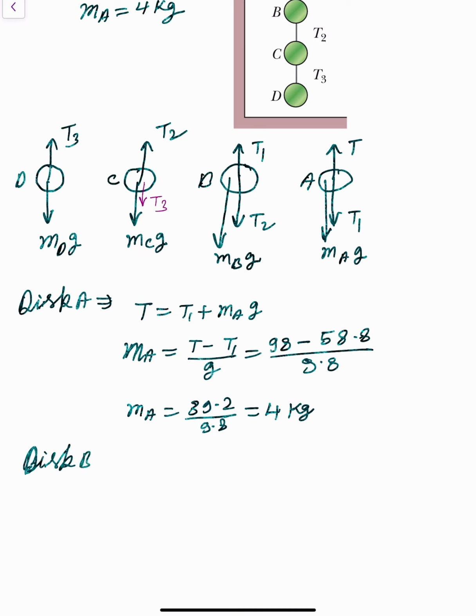Disc B. According to that, T1 will equal T2 plus MB into G. So what about MB?